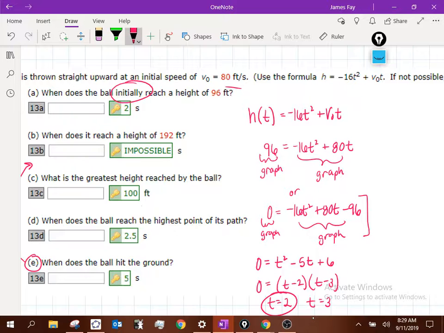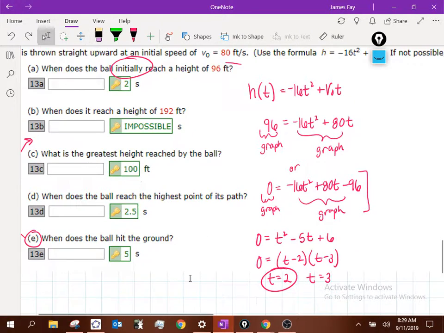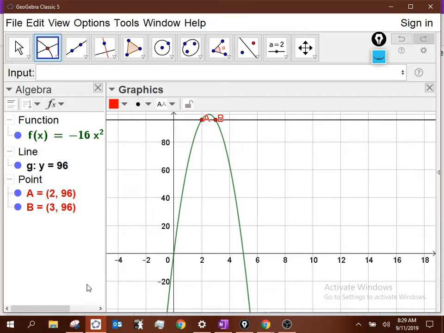Now, just to draw a comparison, if I were to graph that one there, that's a different graph than that one, because with that minus 96, we're basically dropping it 96 units. But let's see what that would look like.